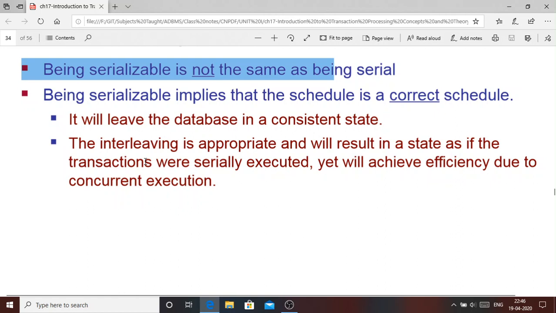One is correctness, always giving a consistent state, and the other is that it becomes as efficient as a non-serial schedule, because of the interleaving of the operations. Because the concurrently executing transactions have to interleave, otherwise efficiency will not come. In a serial schedule, one transaction has to wait till the other transaction completes, which leads to inefficiency. So efficiency can be achieved only through interleaving of the operations, which you get through serializable schedules.